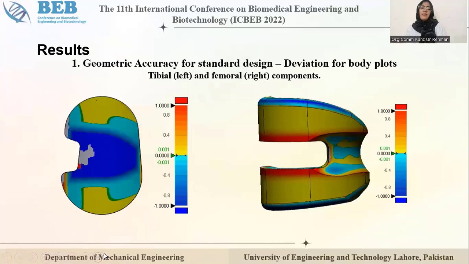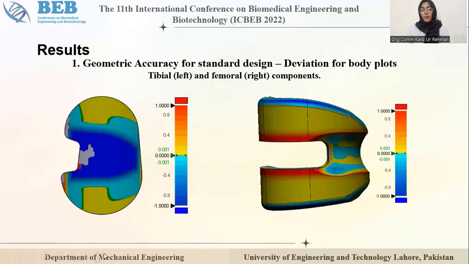This is in essence one of our major results as well, because we have used geometric design X and the deviation body plots in the software to depict the quantifiable differences between the geometry that we made and the geometry of the source scan data.